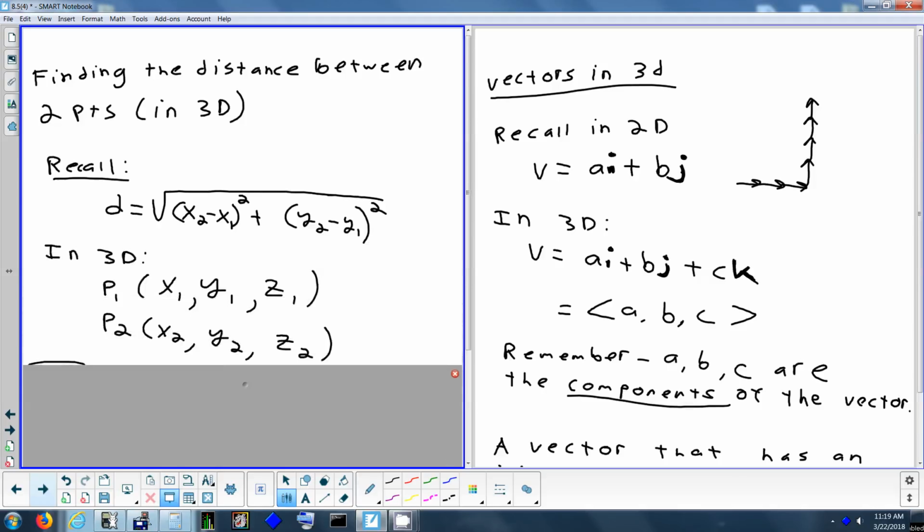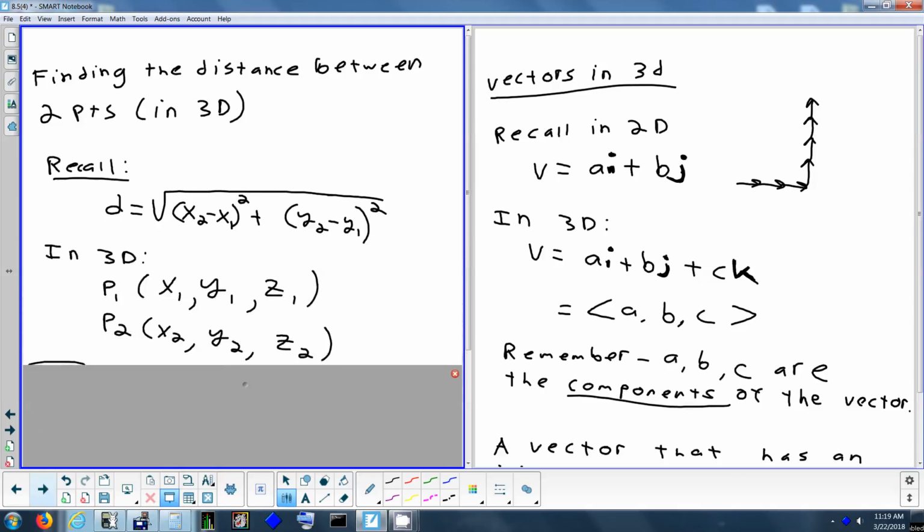So in 3D, if I ask you to find the distance between two points, we can pretty much do the same thing. We can do the Pythagorean theorem in 3D. To extend what I have here to 3D, what do you think I would need to put on the end of the formula?